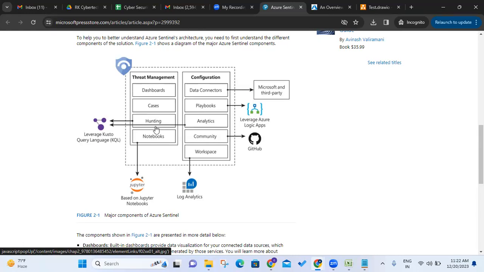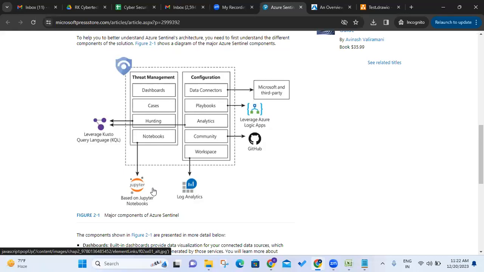Now Azure Sentinel is depending on a third party. What is the third party? Jupyter. Based on the Jupyter notebooks, they integrated with Jupyter notebooks to make sure that visualizations and graphical representation can be represented from the respective notebooks point of view.